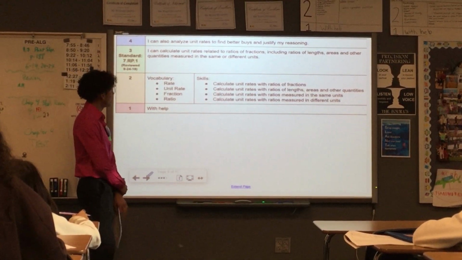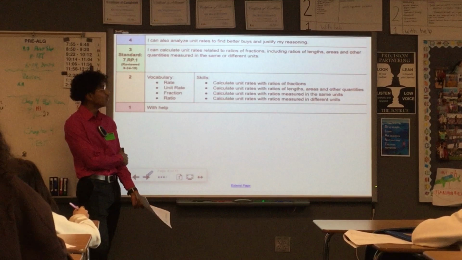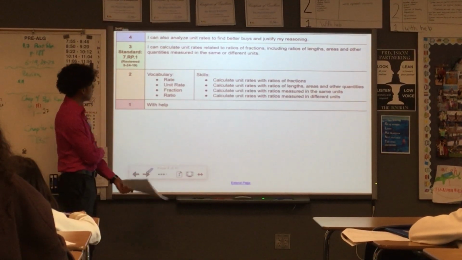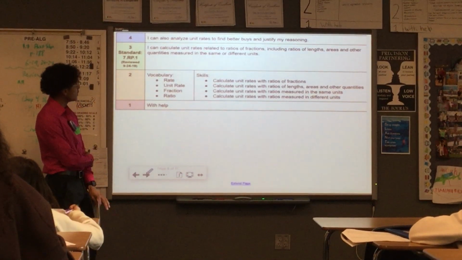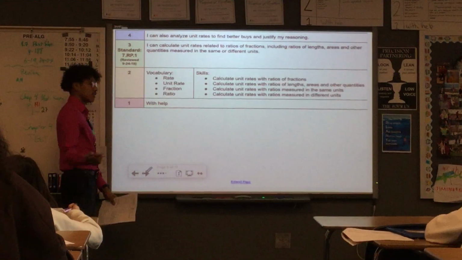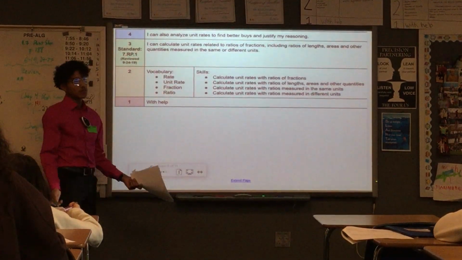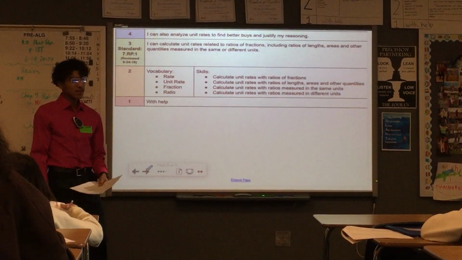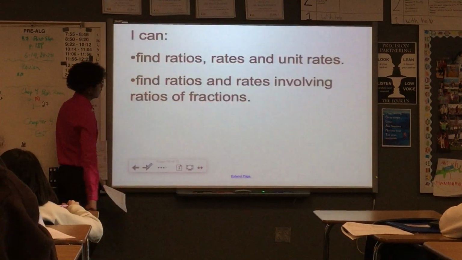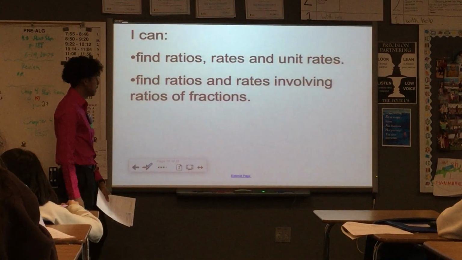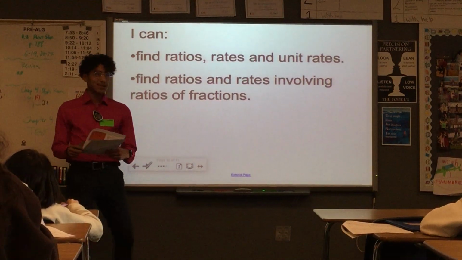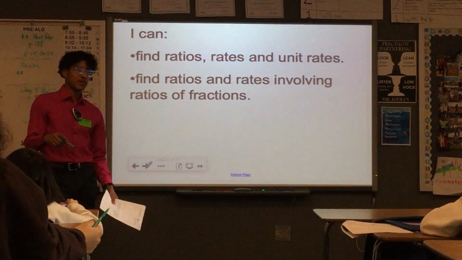I can calculate unit rates related to ratios, fractions, including ratios of lengths, area, and other quantities measured in the same or different units. So our lesson's pretty short today. It's an introduction, so that's it for today. Now we're going to go back and look at those 4 problems that we did at the beginning.